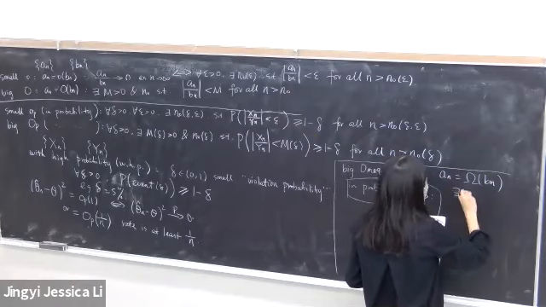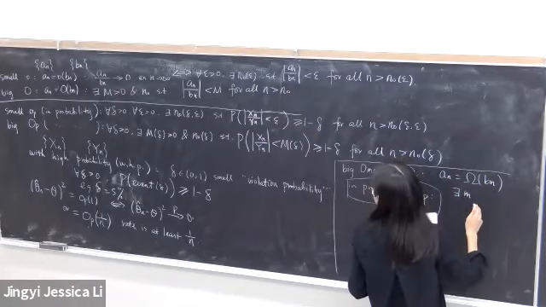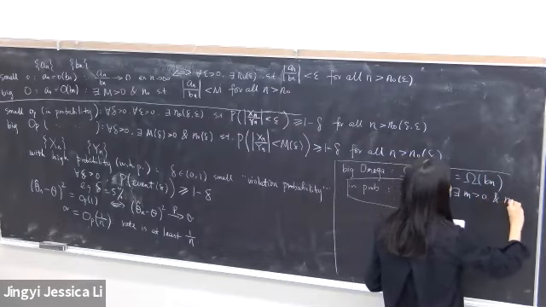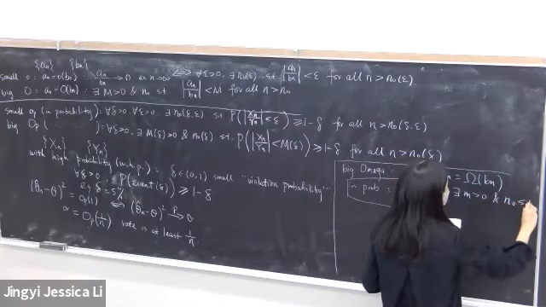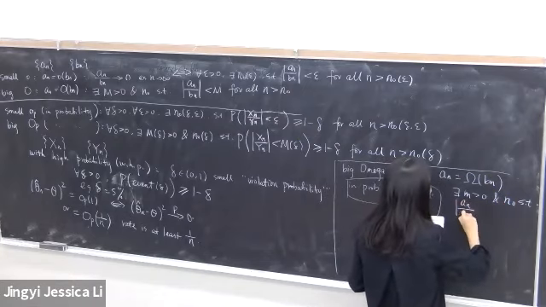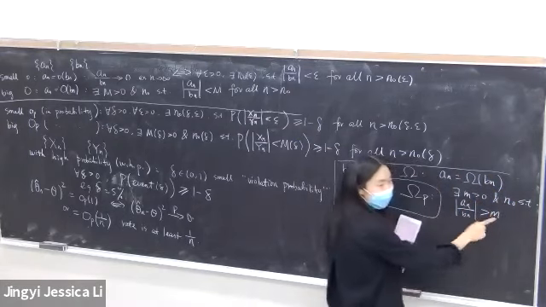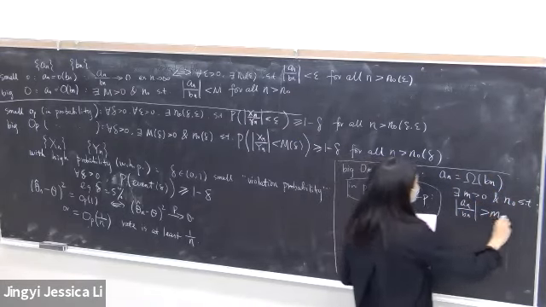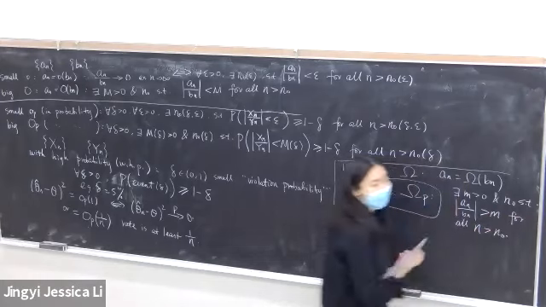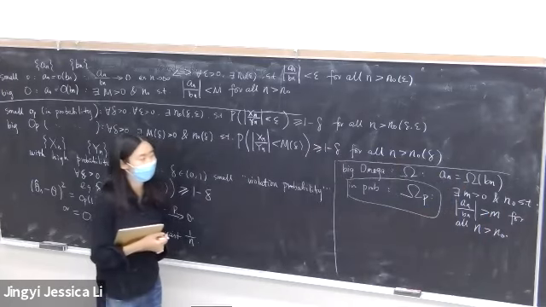There exist lowercase m greater than 0 and n0 such that I would have AN over BN bounded by lowercase m from below, for all n greater than n0. This is the lower bound, omega.